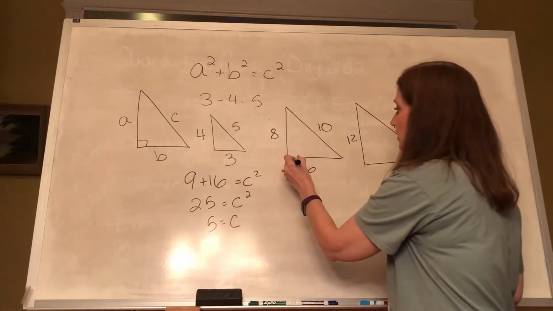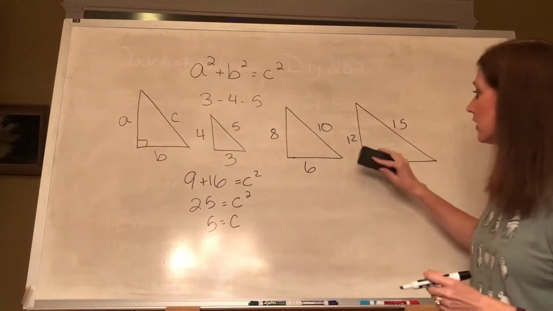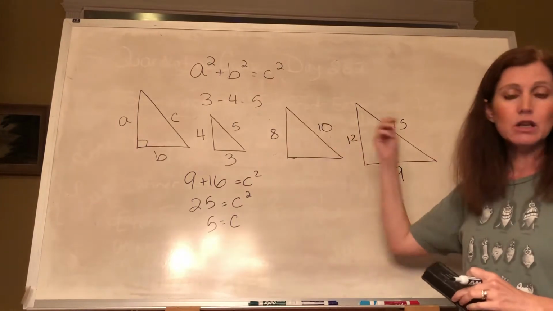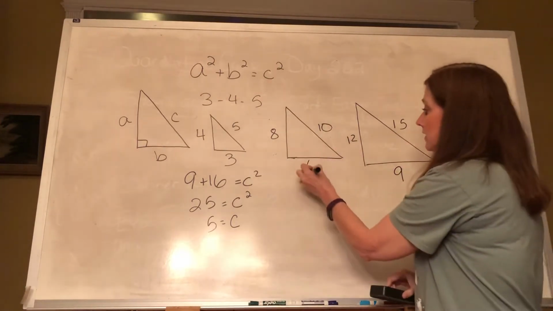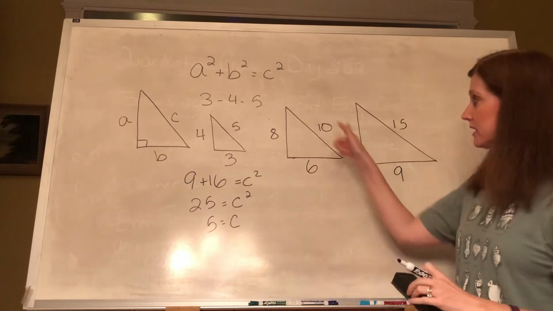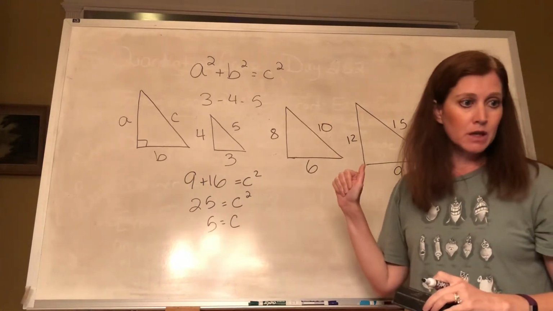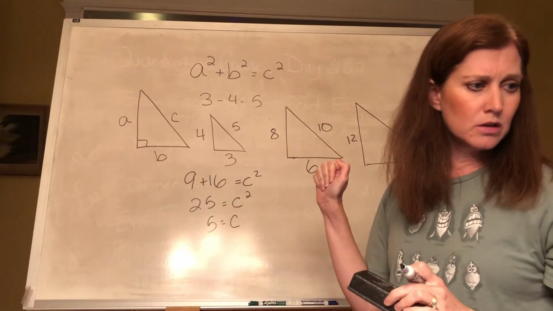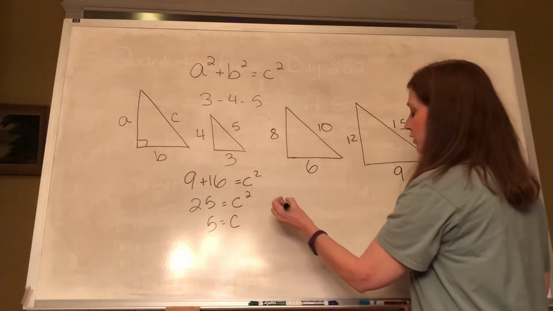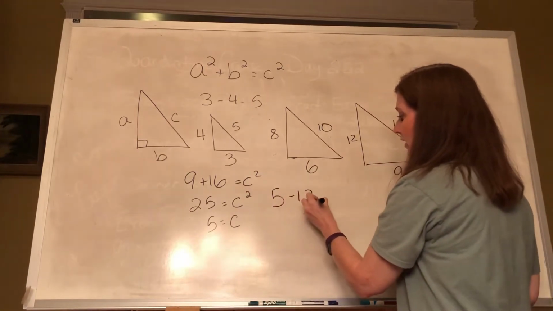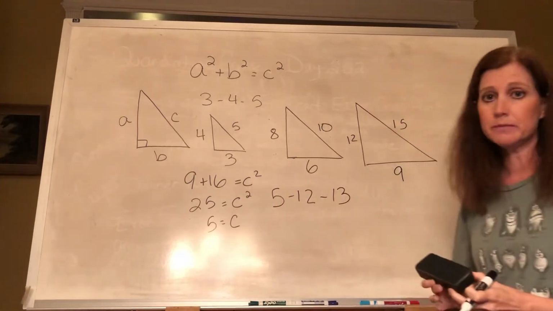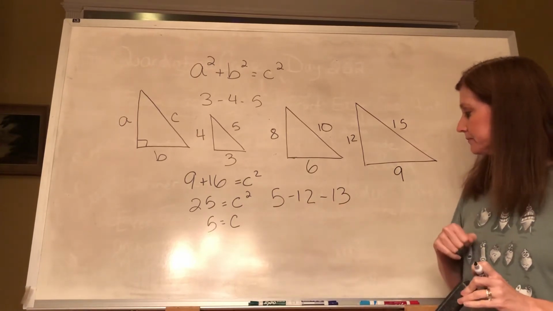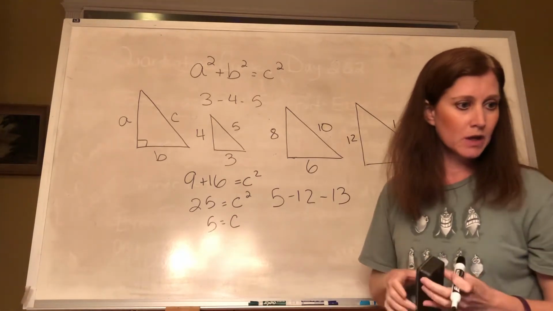If you saw that you had the 8 and the 10, you would automatically know that the other number needs to be 6 because it's based on the 3, 4, 5. Another pretty common triplet is the 5, 12, 13. The 5 and 12 are our legs, and 13 is the hypotenuse.